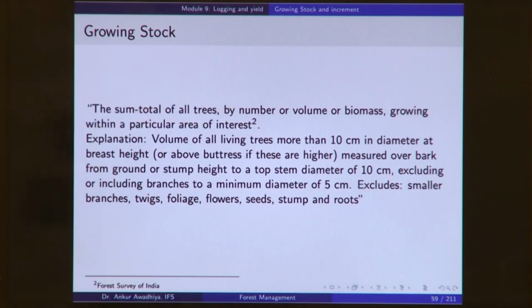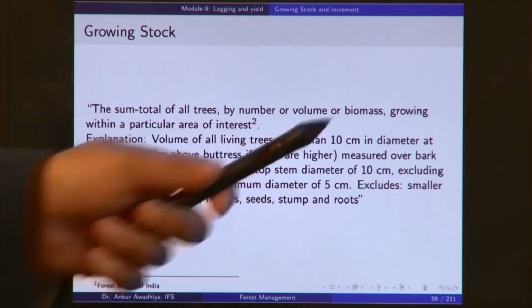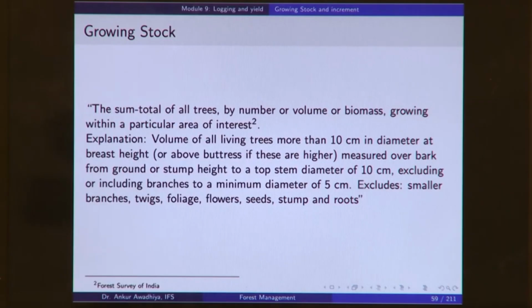So, you can say that the growing stock is having say 1500 trees, or you can do this computation in terms of volume by saying that the growing stock is say 100 cubic meters in volume, or you can do it in terms of biomass, in which case you will say that this growing stock is say 75 tons of carbon.